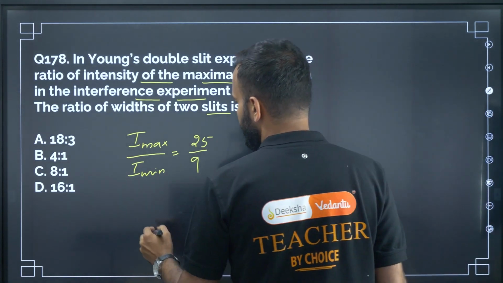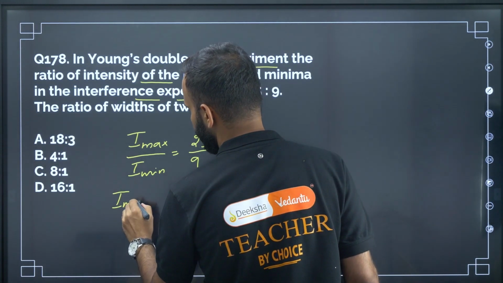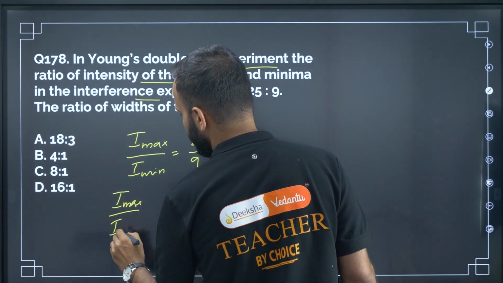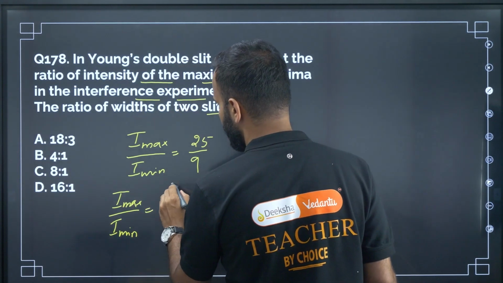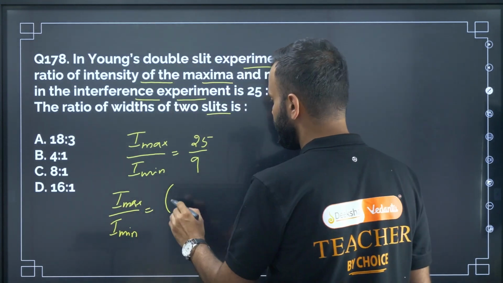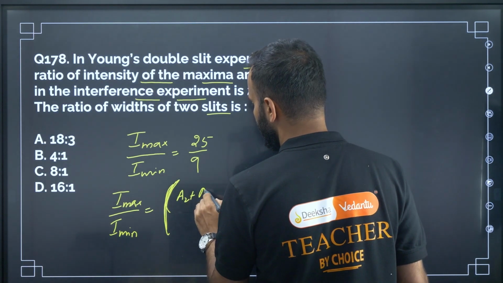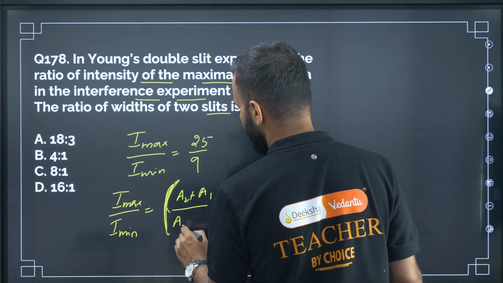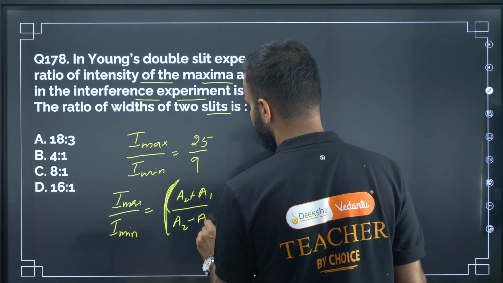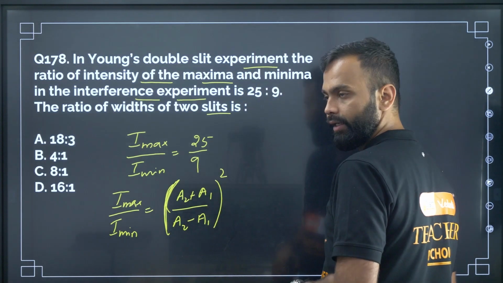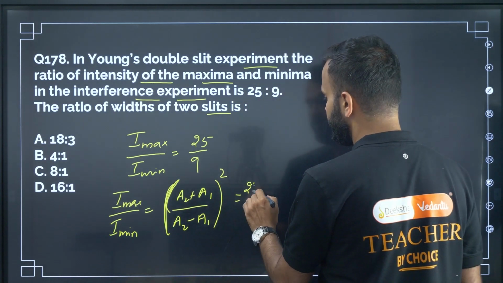We know that I max by I minima is equal to (A2 plus A1) divided by (A2 minus A1) whole squared, which is equal to 25 by 9.